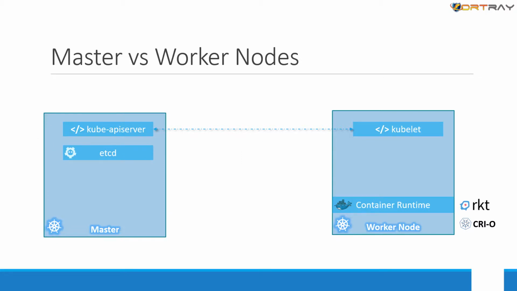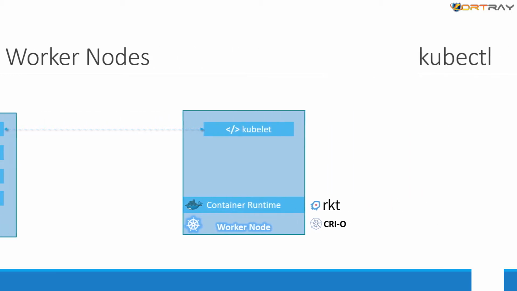The key value store is based on the popular etcd framework as we just discussed. The master also has the controller manager and the scheduler. There are other components as well, but we will stop there for now. The reason we went through this is to understand what components constitute the master and worker nodes. This will help us install and configure the right components on different systems when we set up our infrastructure.